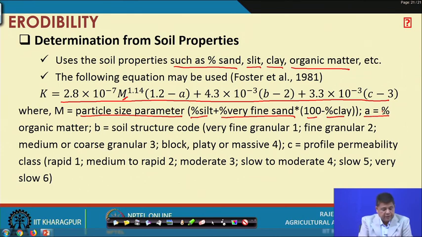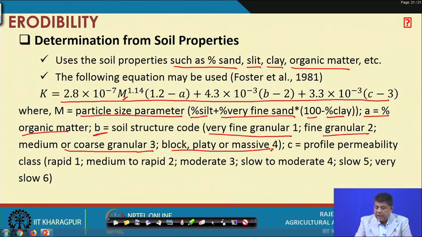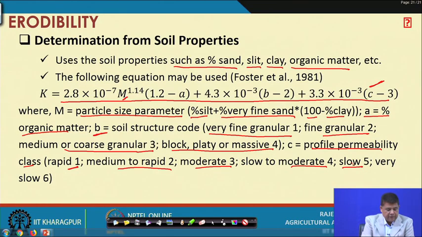A is percent organic matter, which can also be obtained from the laboratory. B is the soil structure code: very fine granular is 1, fine granular 2, medium to coarse granular 3, blocky, platy and massive 4. And C, which is used in this equation, is the profile permeability class. If the permeability is rapid, it is 1; moderate to rapid 2; moderate 3; slow to moderate 4; slow 5; and very slow 6.